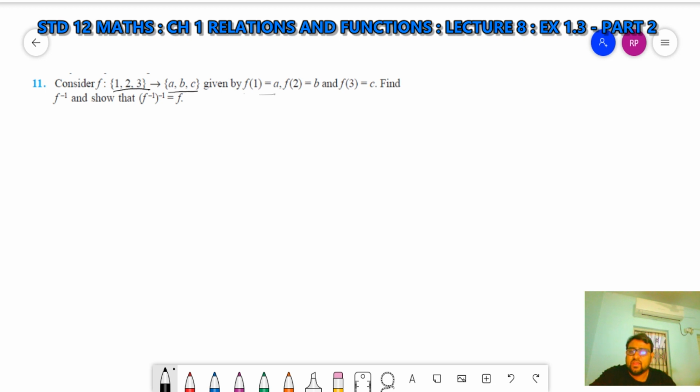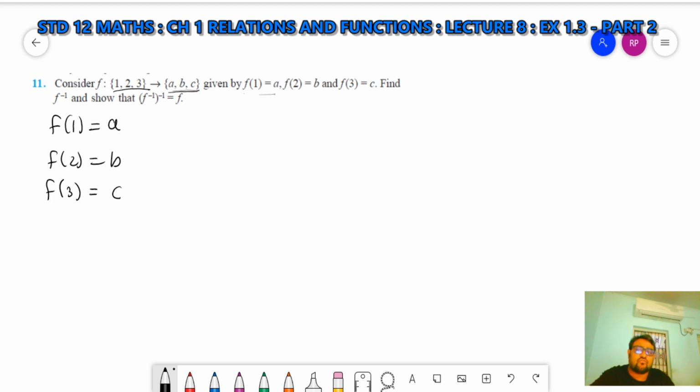Okay, now say f of 1 equal to A, f of 2 equal to B and f of 3 equal to C. Okay, so clearly you can say it is one-one because 1 is having a different value, 2 is having a different value, 3 is having a different value. So it is one-one. Okay, and also all the elements of the codomain A, B, C have pre-images 1, 2 and 3. Therefore it is one-one and onto and hence it is invertible.